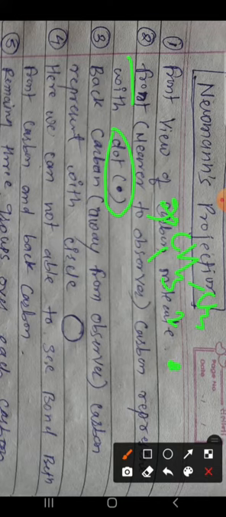And then the next rule. What is the next rule? The back carbon is away from the observer. Those carbons which are away from the observer will be represented with a circle. This circle is the rear carbon and this dot is the front carbon.